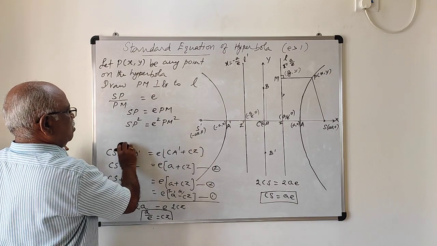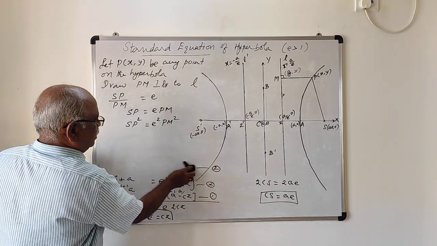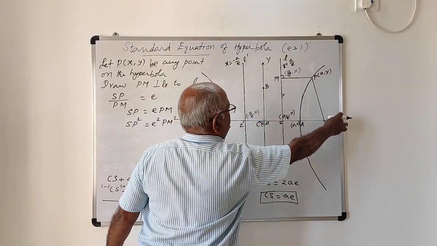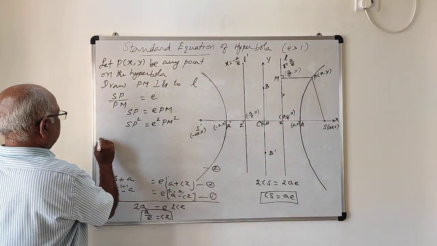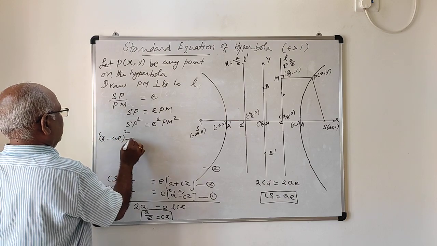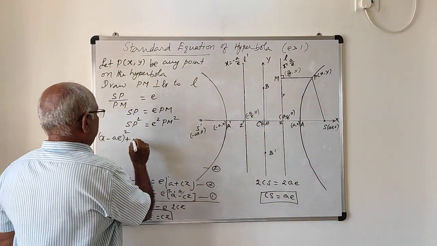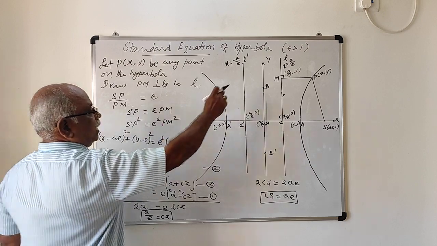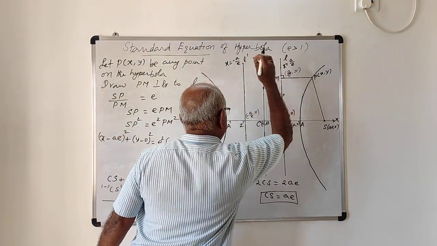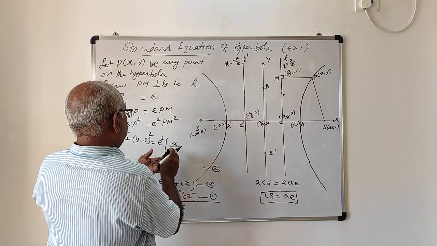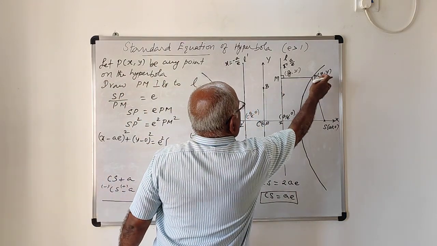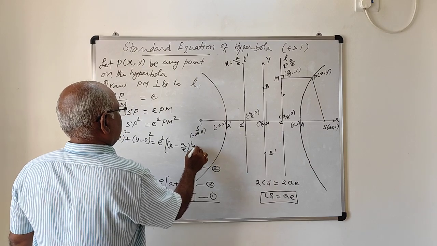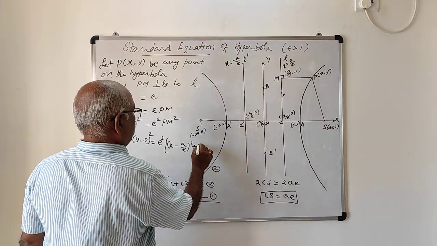Now using the distance formula, SP square is x minus AE the whole square plus y minus 0 the whole square, equal to E square into PM square, where PM square is x minus A by E the whole square plus y minus y the whole square.